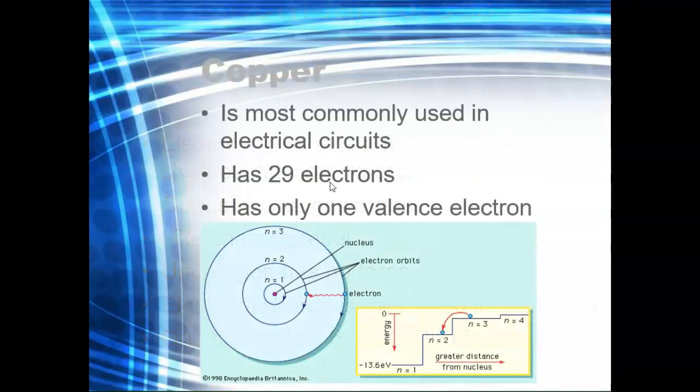All right. So copper is the most commonly used in electrical circuits, because it has only one valence electron. The other really great conductors are things like gold, silver, platinum, the really expensive metals.